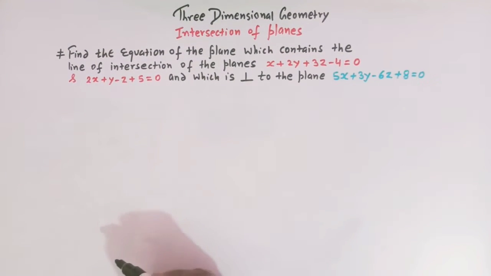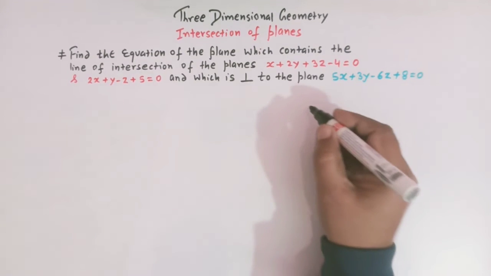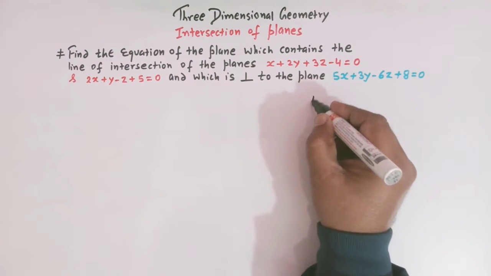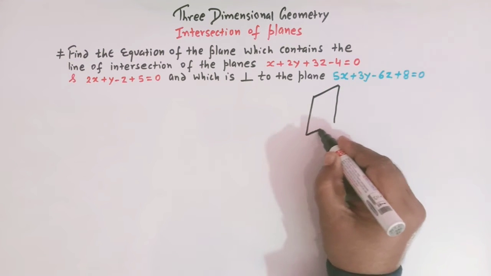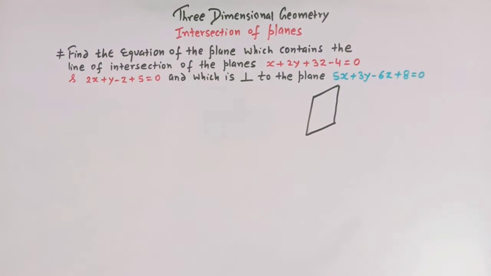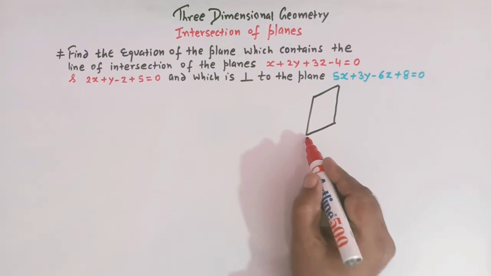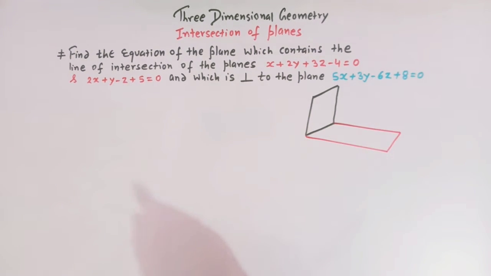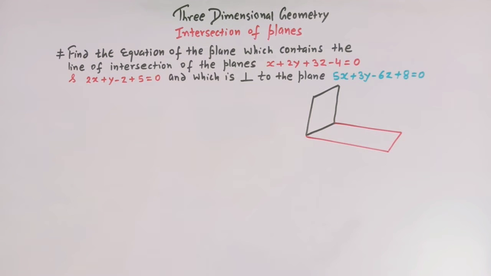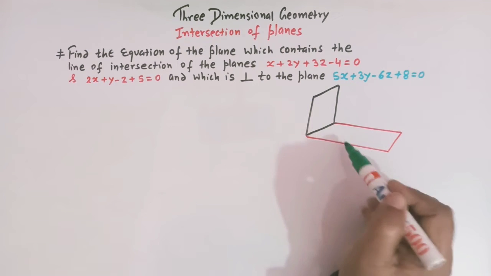So let us quickly revise the concept of intersection of planes. Suppose we have two planes. Suppose this is the first plane, and let us take the second plane like this. And see if we have a plane which passes through the intersection of these two planes.